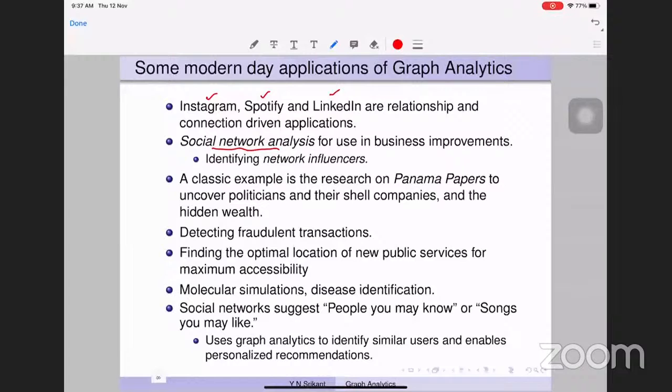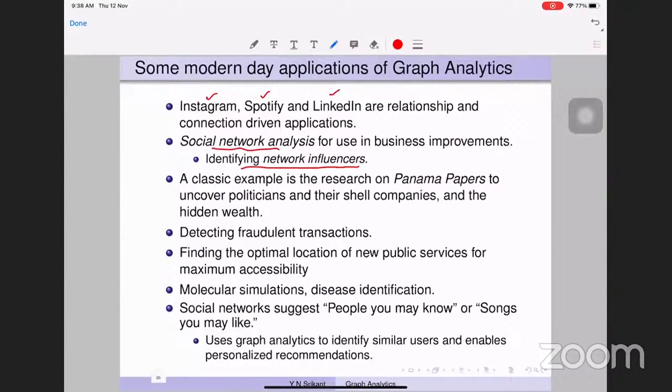So, for example, identifying what are known as network influencers. Who are network influencers? A simple example in our real life, there are leaders. They may be political leaders, they may be industrial leaders, they may be academic leaders, whatever. So these people influence the society around us. Therefore, you can even abstract the notion of a network influencer and then identify network influencers in a huge social network graph and use it for various purposes.